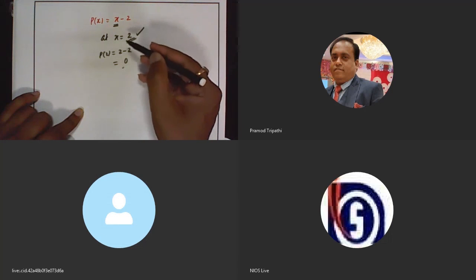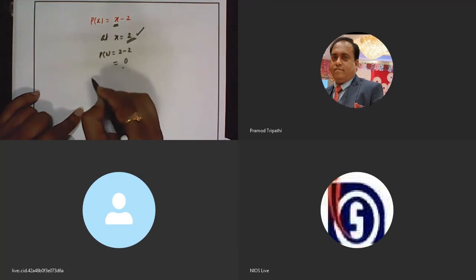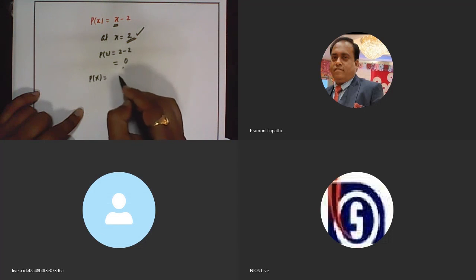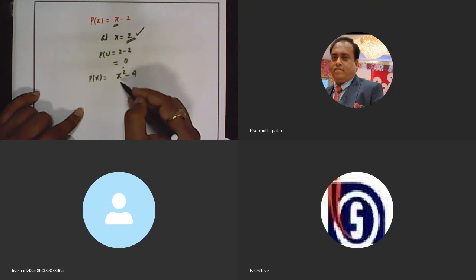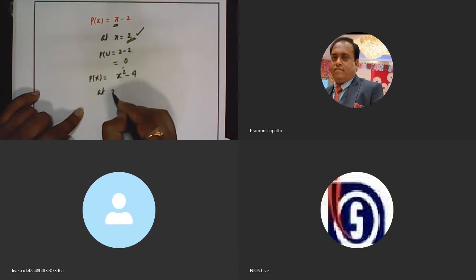We can take another example. If we take p(x) equal to x square minus 4, this is a quadratic polynomial. Now we have to find the zeros of this polynomial. At x equal to minus 2, the value of the polynomial is 4 minus 4, which is 0.